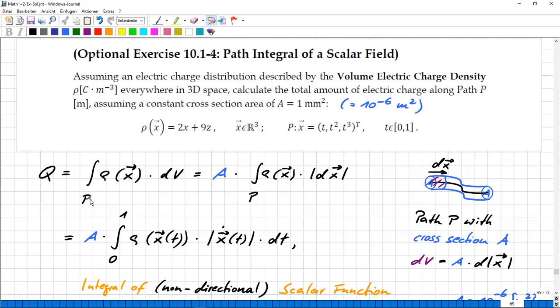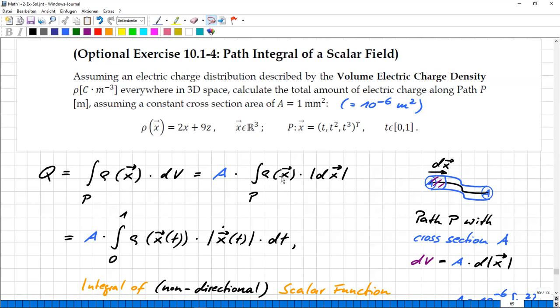Now you may wonder, how can I perform a volume integral along the path? Well, the answer is I have a constant cross-section area to multiply to everything. So if I assume this to be inside the volume element, I just extract it from the integral, and then I get a regular path integral over the path of rho of x vector.